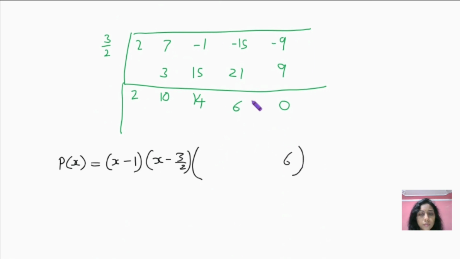So 6 is constant. Now 14x, now 10x square, and this is cube, 2x cube. Okay, here all even numbers, so can we take common 2 and multiply here? So we will get x minus 1.